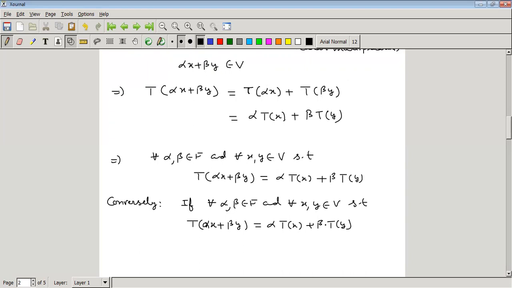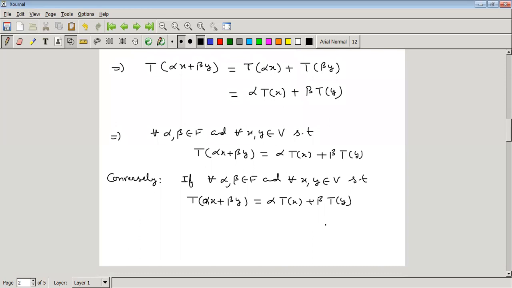This is the given condition. Now what we have to prove? T is a linear transformation. And how can we say that T is a linear transformation? If T satisfies these two conditions.